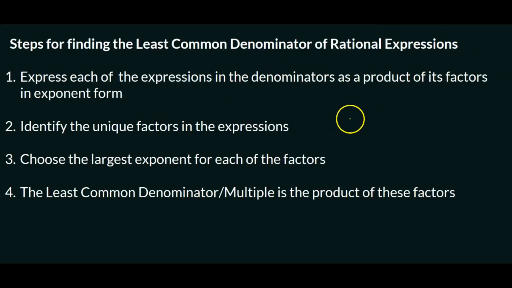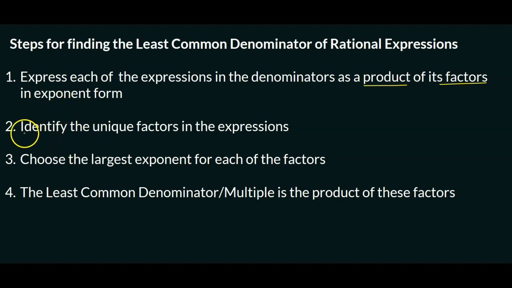Now you may ask, how do I go about finding the least common denominator of rational expressions? The first thing you're going to do is take the expressions in the denominator and express each of them as a product of factors, making sure we pay attention to the exponent form.